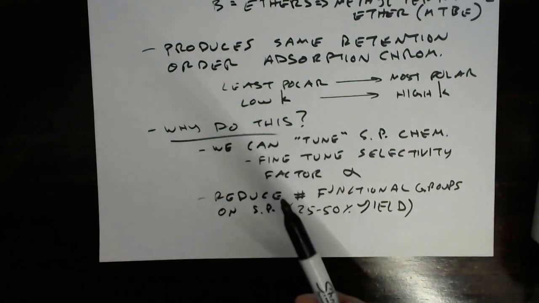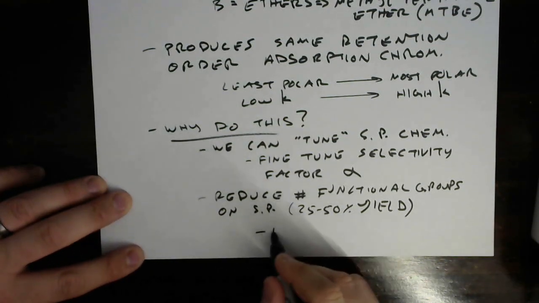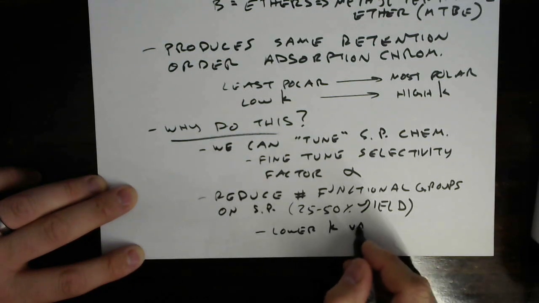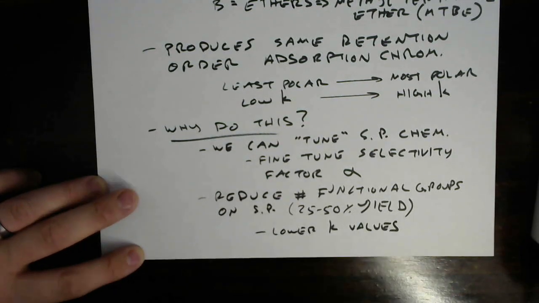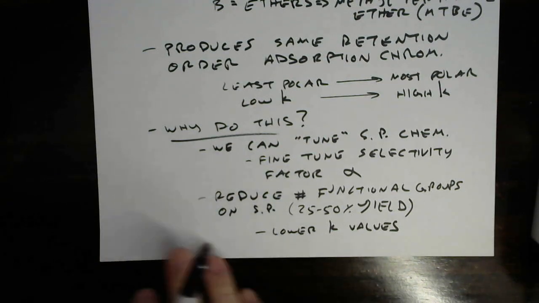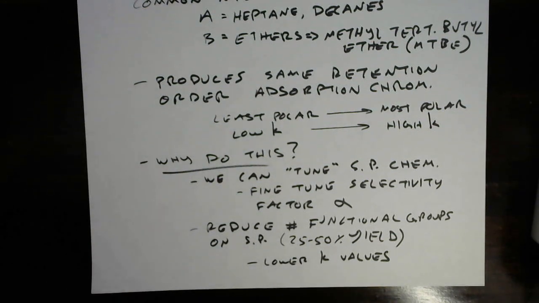They tend to be binding of lower energy as well, and so the net result here is lower overall k values. As a reminder, chromatography roughly stops being useful once your retention factor, your k value, is higher than about 15. We lose retention and we lose peak efficiency.